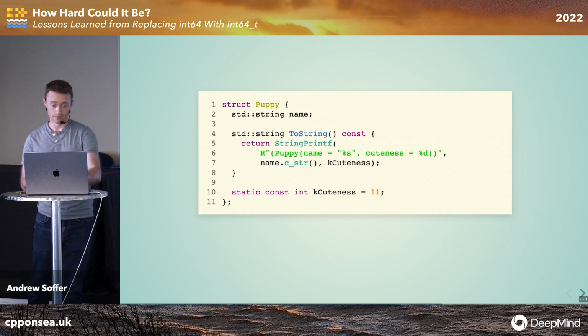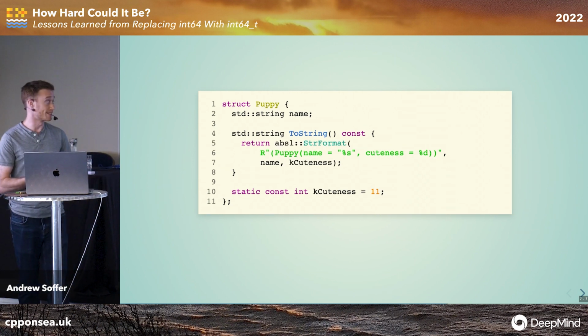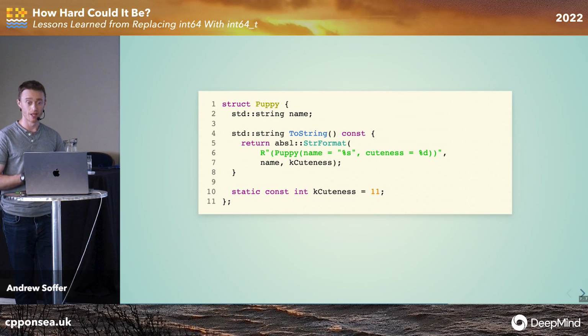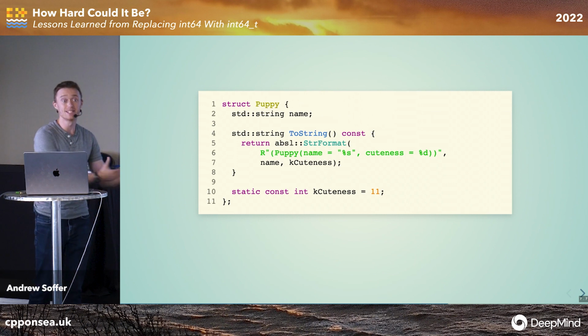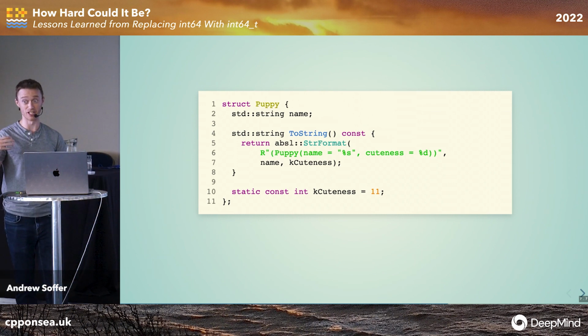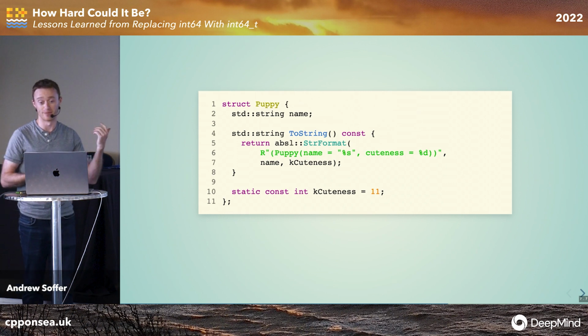But StrFormat, totally fine. It takes a string view, and everything just works. It prints it correctly. So even though we didn't technically need to make this change for the purpose of changing int64 to int64_t, we decided to do it because, well, it's nicer code, and honestly, how hard could this be?